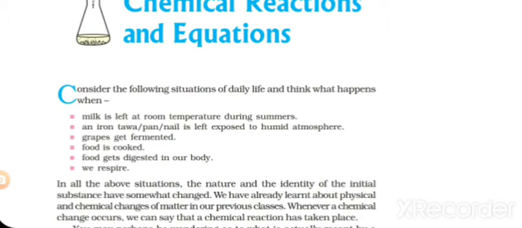We must have something to record, or we must have some proof to justify how chemical reactions occur and what are the results. So for that, it is imperative on us to write down the equation of the chemical reactions.